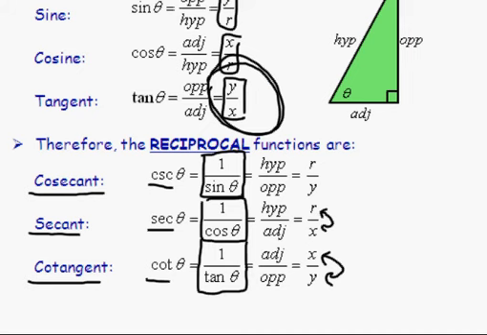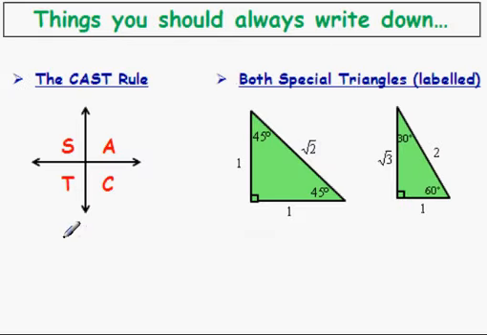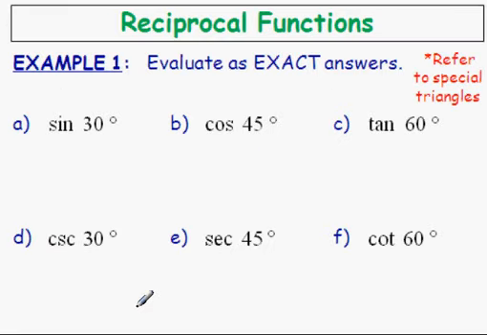Okay, so we're going to do a couple of examples using the reciprocal. Okay, so just a quick reminder that you have these special triangles with all of your ratios from yesterday's lesson. I'm going to use these when I'm doing the reciprocal examples. Okay, so here's my first one. I have a equals sine 30.